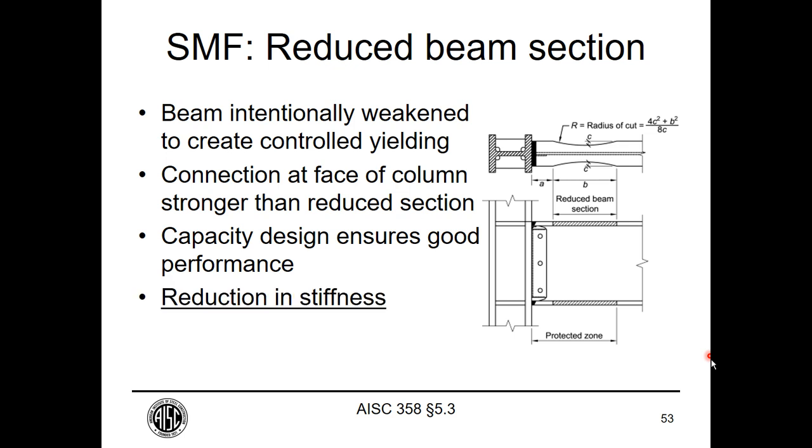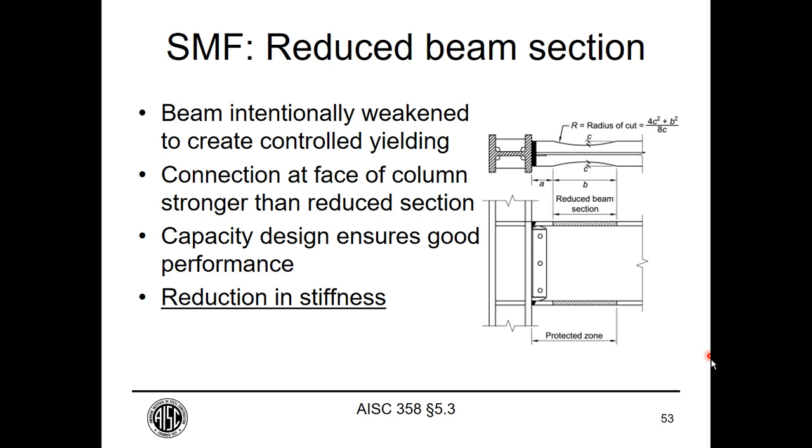There is a reduction in stiffness. If you remove part of the beam flange, the moment of inertia goes down, and that has an effect on drift. So this is important to account for in the analysis. If we ignored this effect and found ourselves right at the drift limit and then included the effect afterwards, we would be over the drift limit.